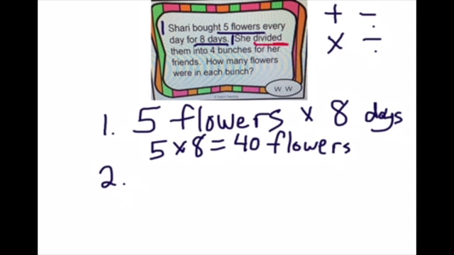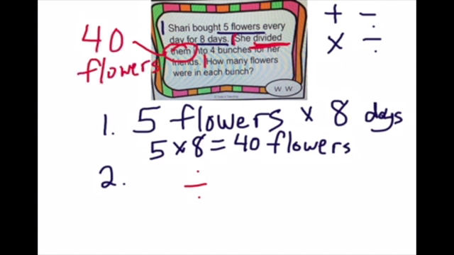She divided them into 4 bunches for her friends. Oh my goodness, that's where we'll stop. She divided. So that's already a hint for me that I'm going to divide, of course. And then she divided them. What is she dividing? The 40 flowers that we already came up with in step 1.